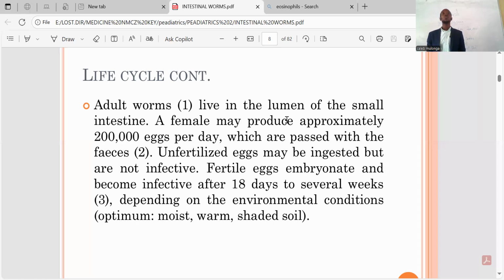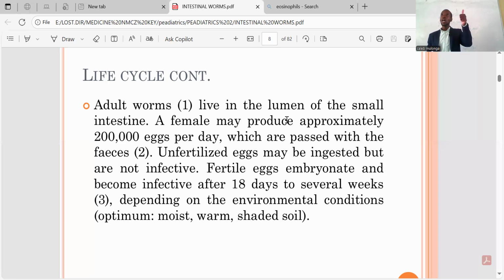Just imagine 200,000. Those are a lot of eggs being produced in a day. And these eggs will be released in the feces. So once this person defecates, they are going to release all these 200,000 eggs.